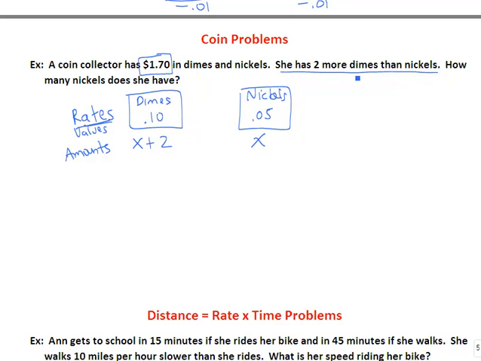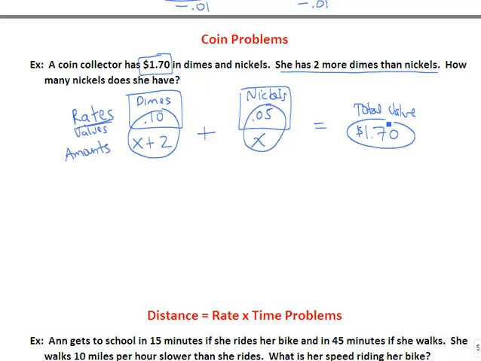Okay, so we have our rates, we have our amounts. What do we want these to add up to? Well, in this problem, we want them to add up to that $1.70. That's the total value of all of our coins. So we're going to get our equation by doing rate times amount plus rate times amount equals our total value.